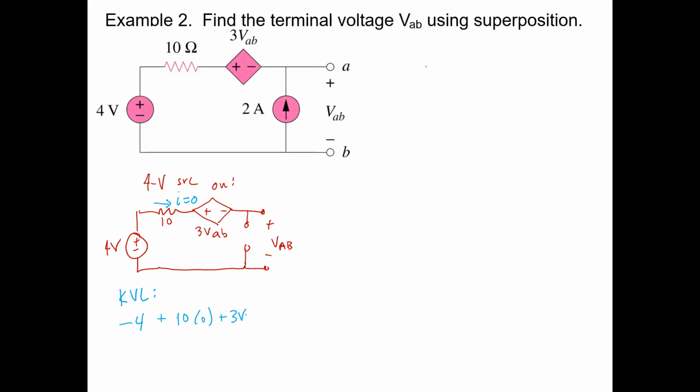Plus 3 VAB plus VAB has to equal 0. And so therefore, VAB is just going to equal 1 volt.